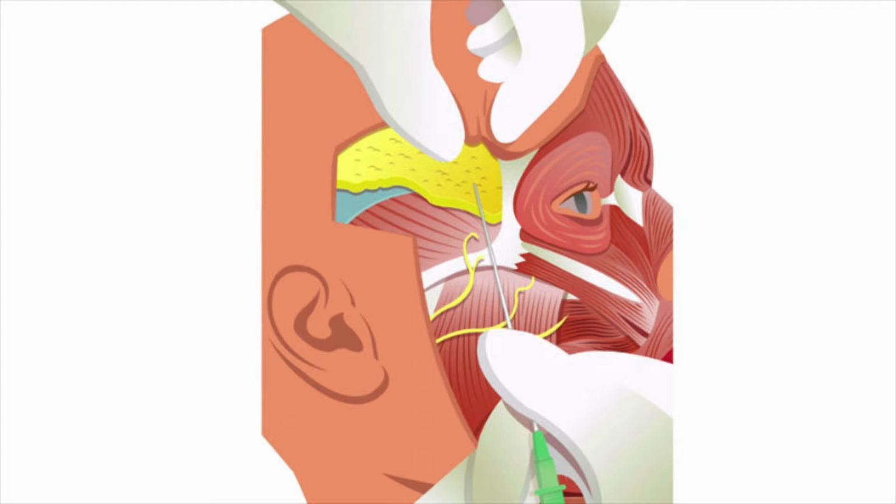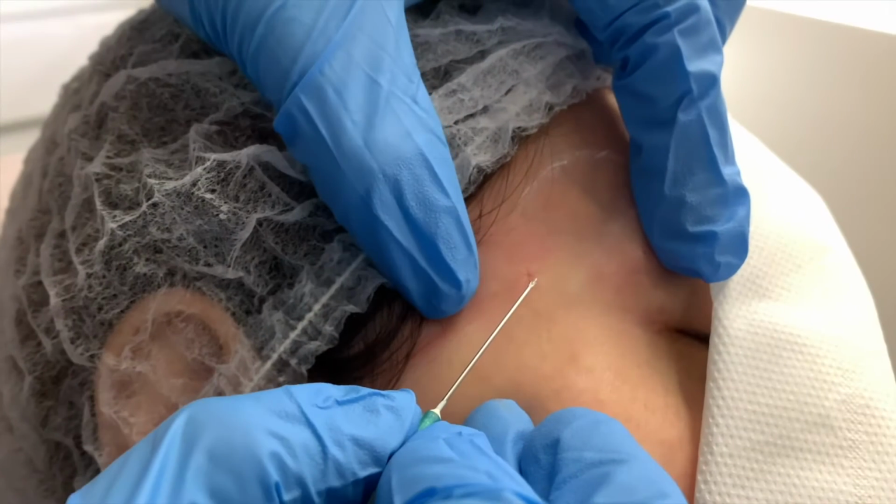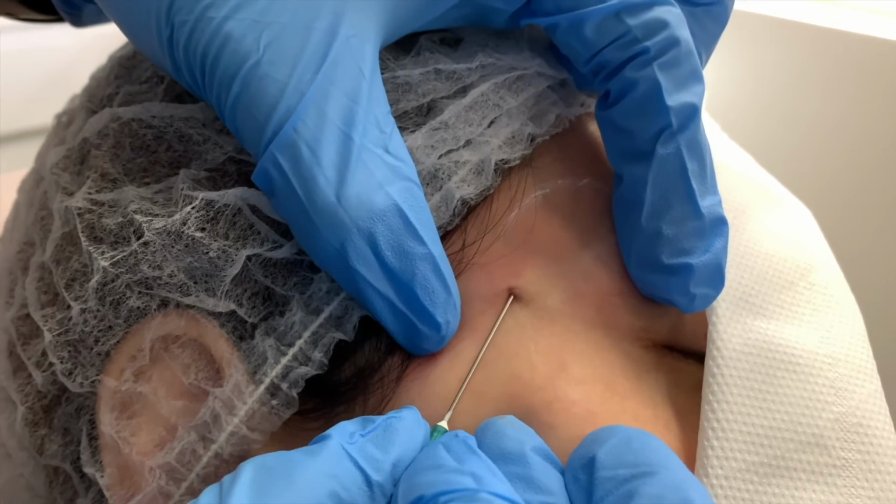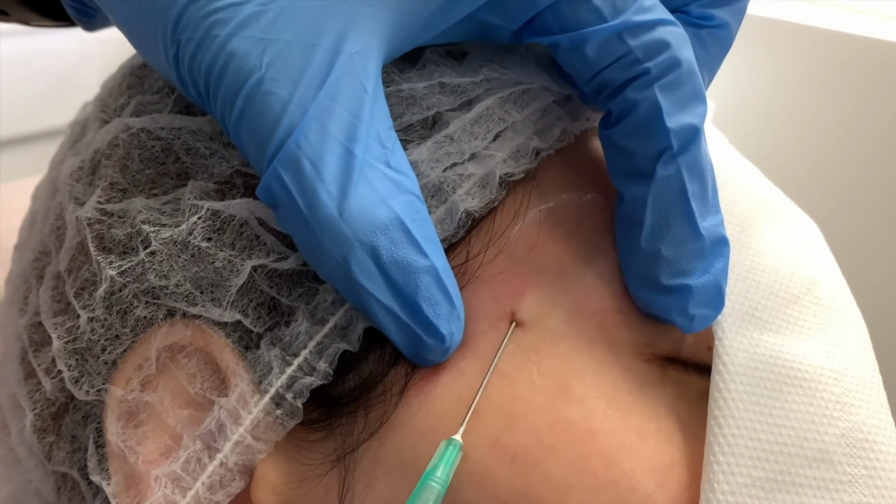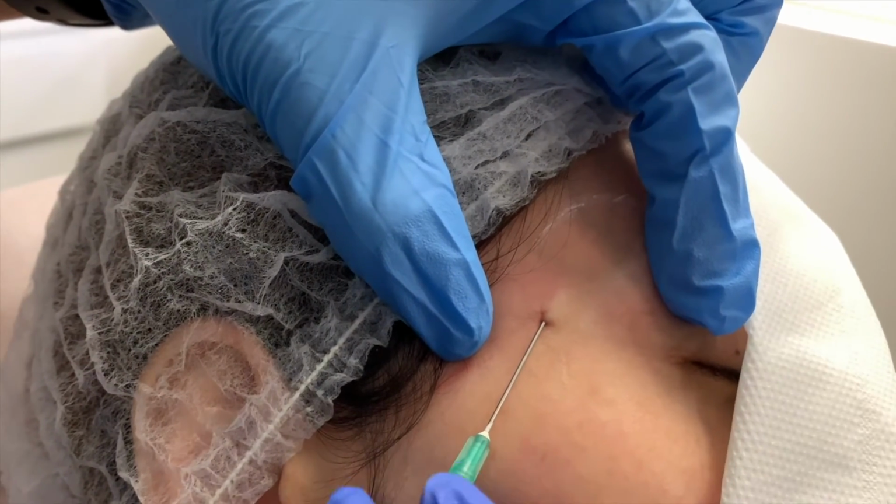The first injection plane for filler deposition is in the superficial fat, and this is below the superficial fascia, and therefore it is below the artery. To deposit in this plane, a cannula is usually used, and it passes easily within the fat.